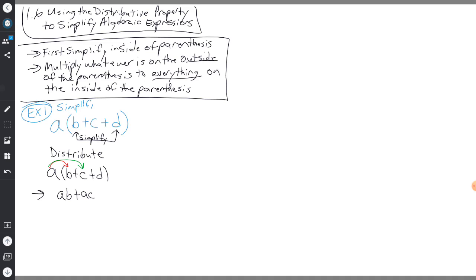And then for our last one, again, there's a plus sign there. You have to be concerned with the signs when you're doing this as well. So this gives us plus AD. And that's as far as we can go. So that is our final answer here.